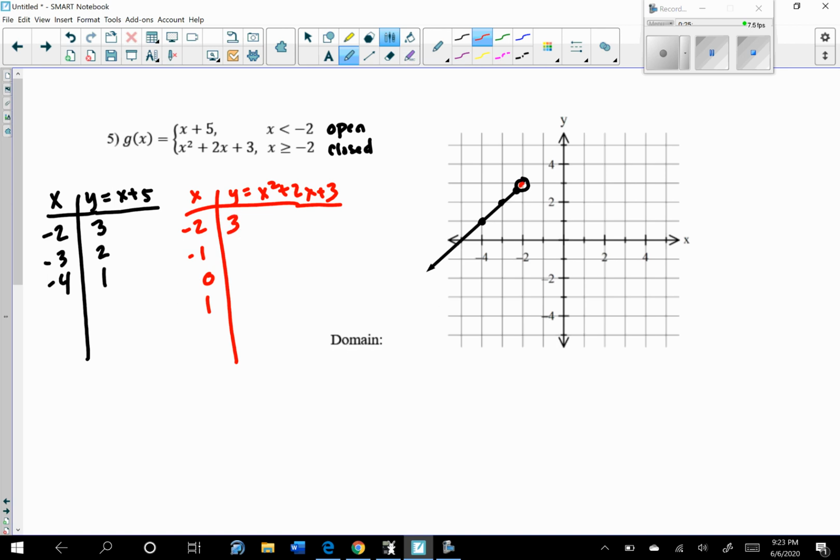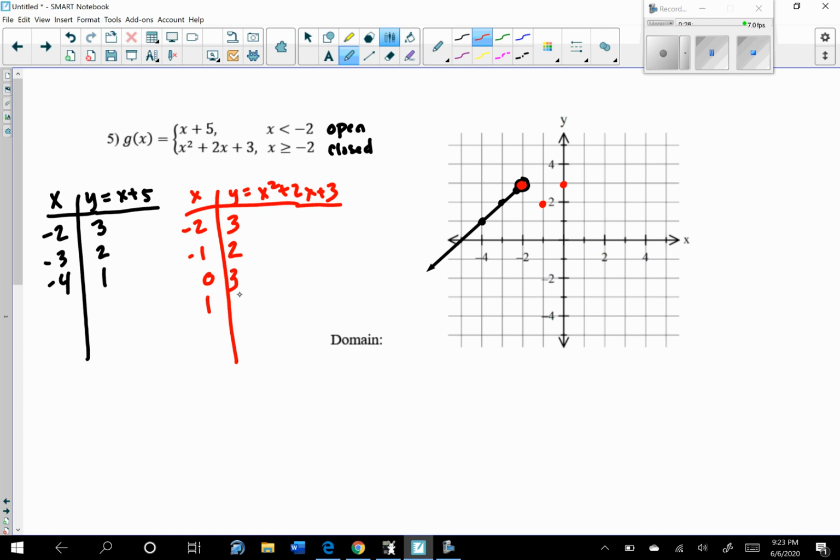So negative 2, 3 means we're closing in that open circle that we had. If I plug in negative 1 squared, remember if you square something that's negative it becomes positive, so that's 1, plus 2 times negative 1, which is negative 2, and then plus the 3 gives me 2, so negative 1, 2. Then I have 0. If I plug that in, I get 0 squared, which is 0, plus 2 times 0 plus 3, which gives me 3.